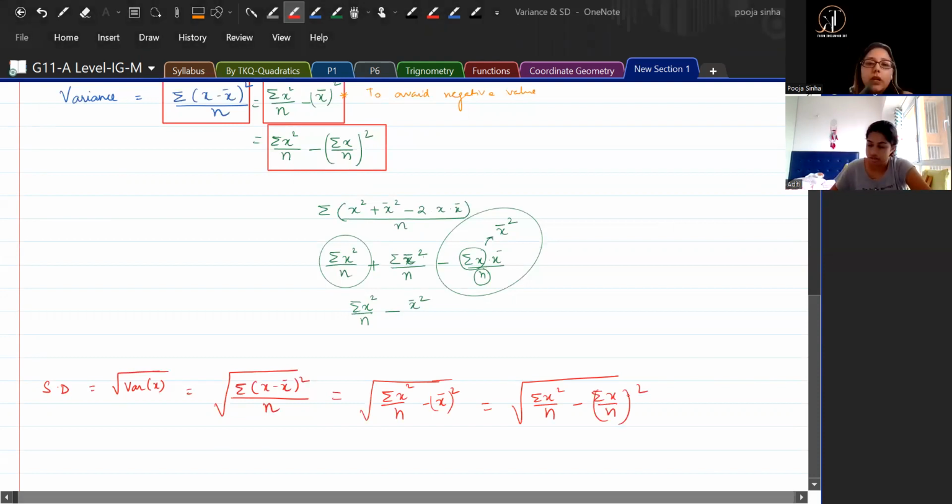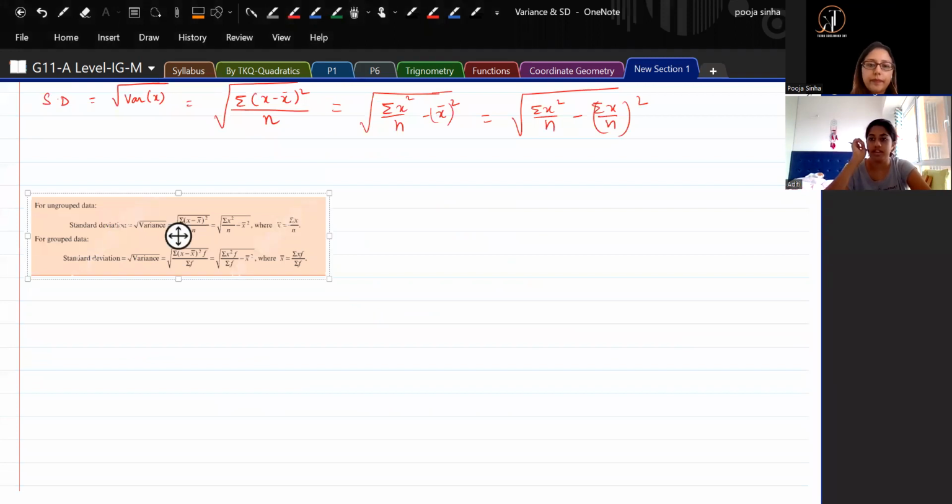Correct, right? जहाँ पर what is this x bar? It is sigma x upon n. अगर ungrouped data है तो ये हो गया. But अगर group data है, you have to multiply with the frequency. So then it'll be summation x square multiplied by f, divided by n, minus summation x f divided by n, the whole square.